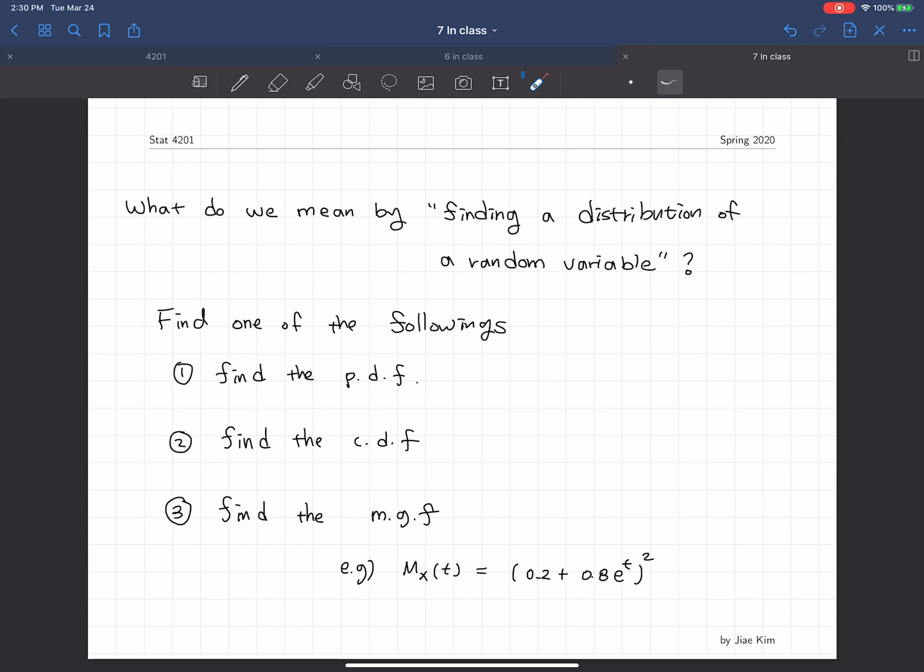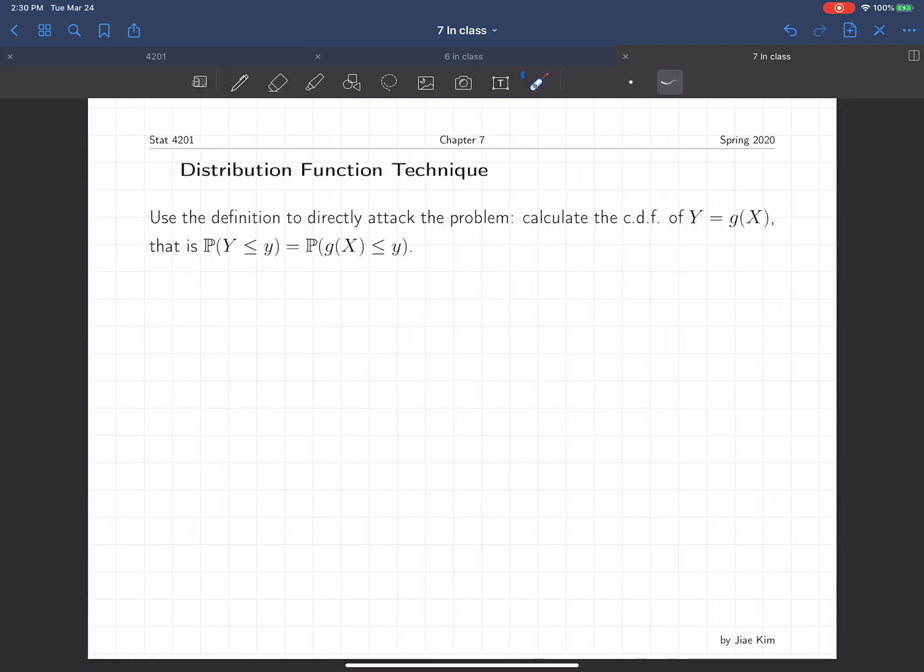So finding the distribution of a transformed random variable is a matter of finding one of these quantities: the PDF, the CDF, or the MGF. The first method we are going to talk about is called the distribution function technique.